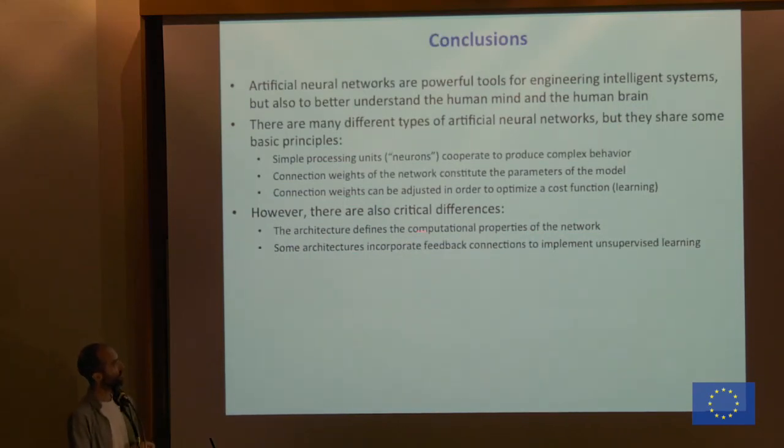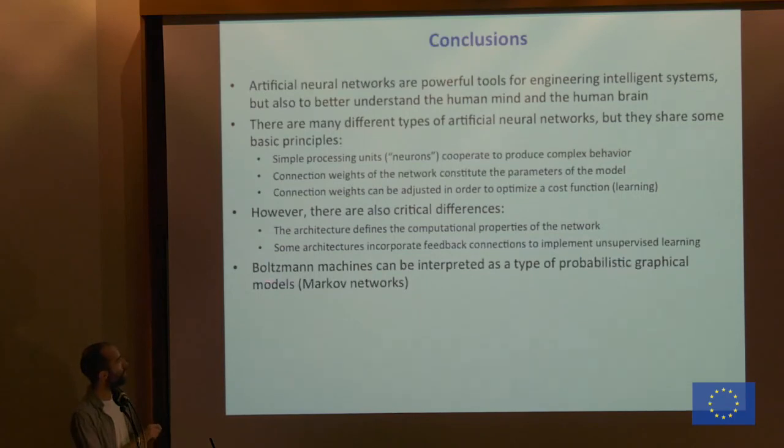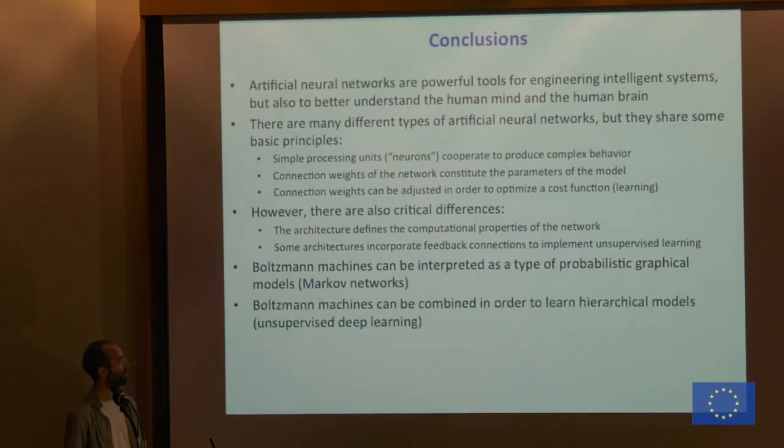Some architectures incorporate feedback connections and implement unsupervised learning, and we like them as cognitive neuroscientists. In particular, Boltzmann machines can be interpreted as a type of probabilistic graphical models, namely Markov networks. So they can be coupled with the extensive literature on Bayesian statistics, on statistical mechanics.